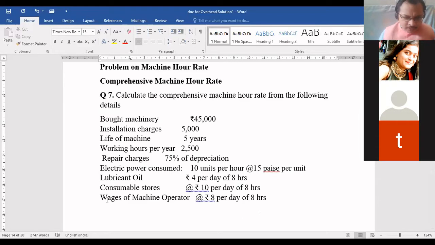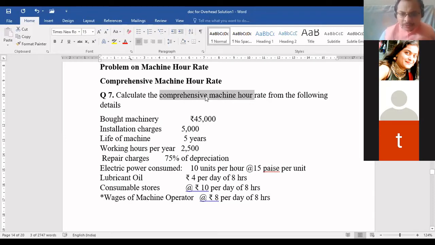Now, one important thing I have to mention here: the wages of machine operator. The question comes whether we have to take wages of machine operator or not. That totally depends upon the question. In this question, they have asked you the comprehensive machine hour rate, so we have to take wages of machine operator.